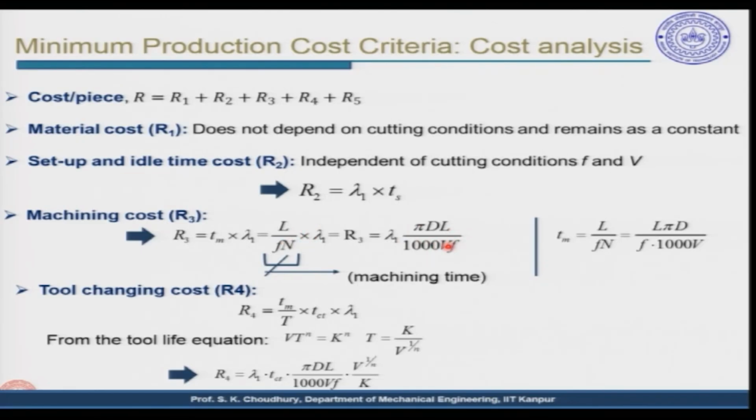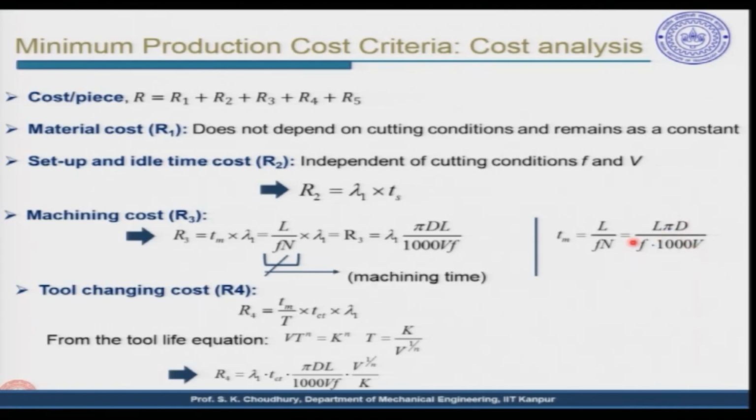So, this can be substituted by the velocity, and it will be lambda 1 pi dL divided by 1000 Vf. 1000 we have taken to convert meter into millimeter, so that the unit finally could be in rupees.